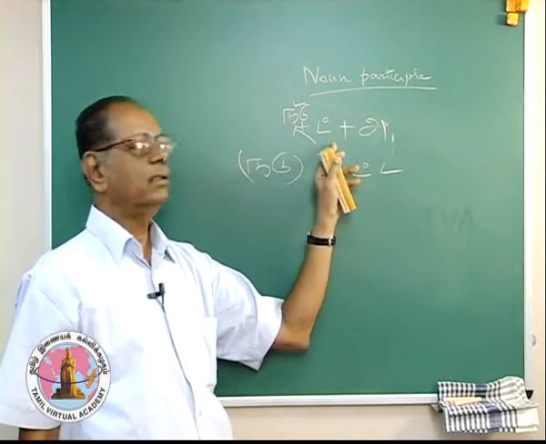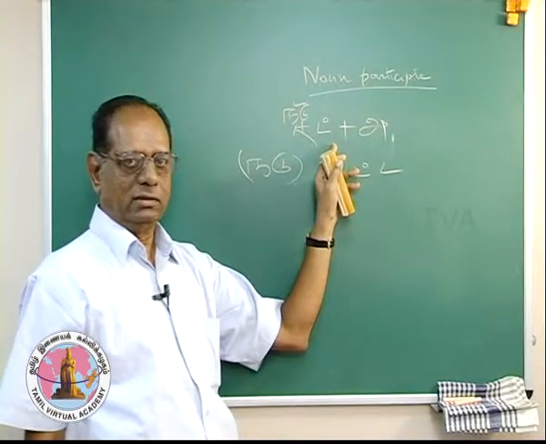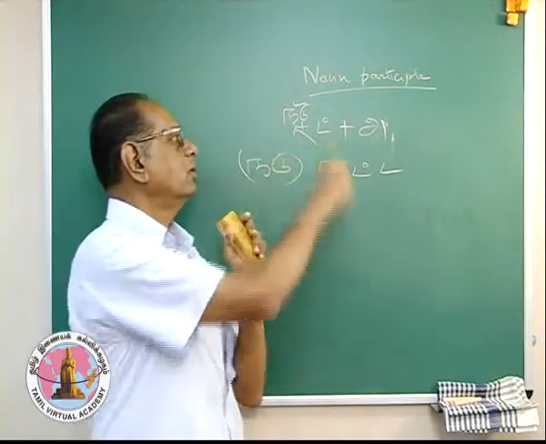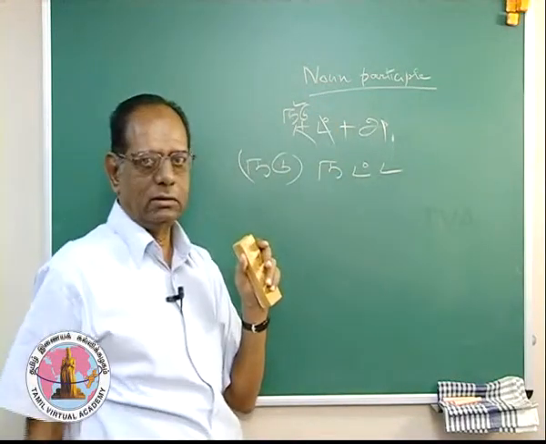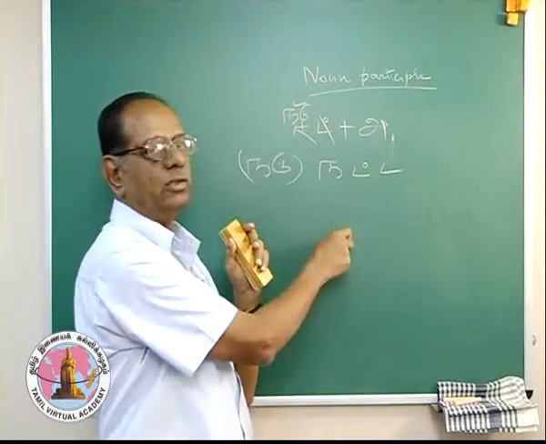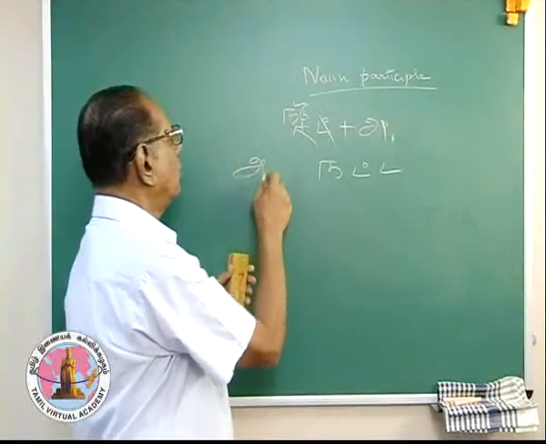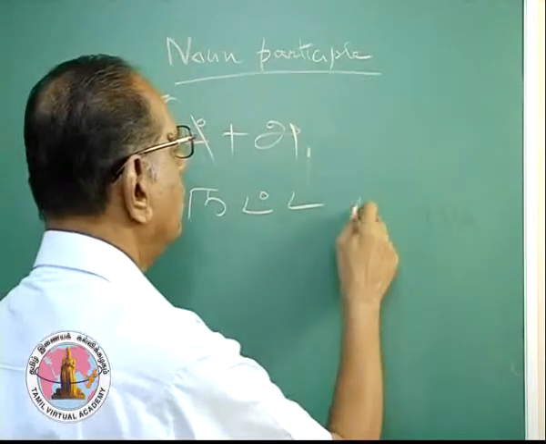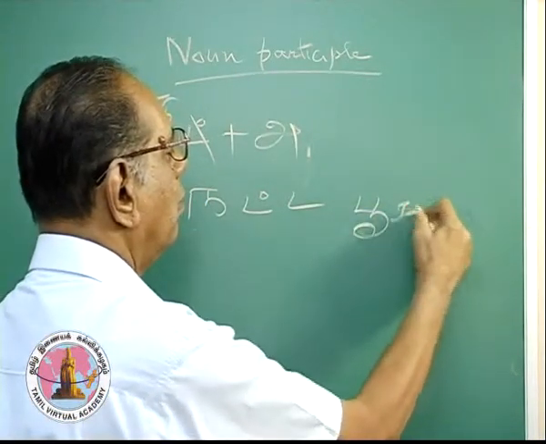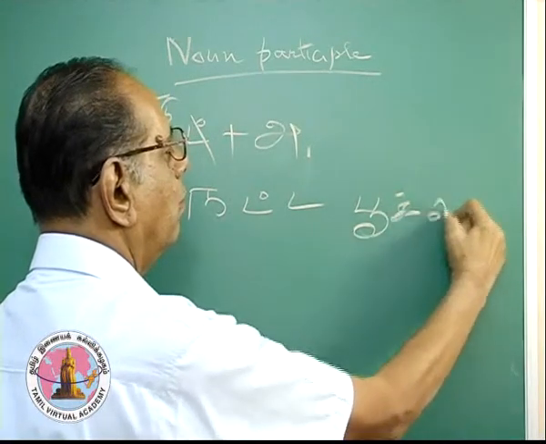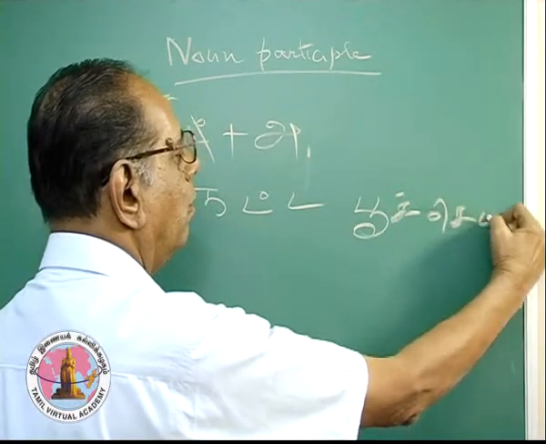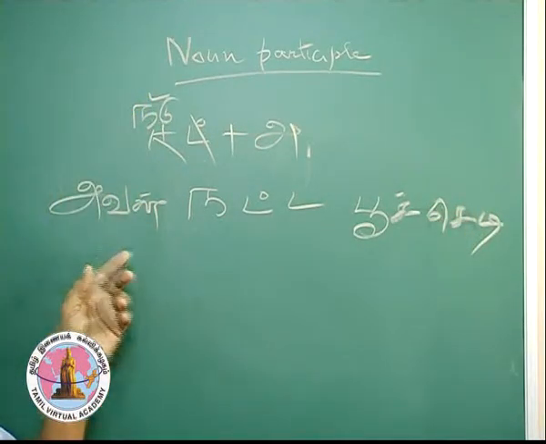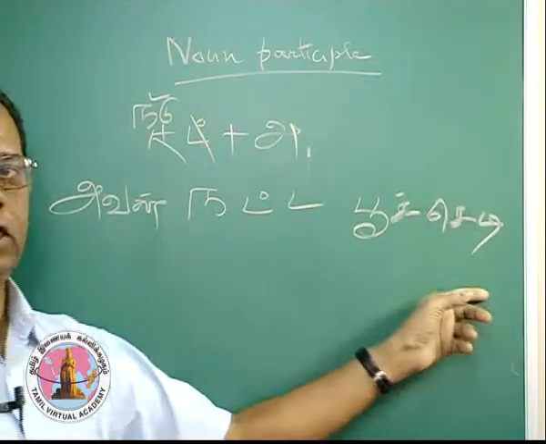In the past tense, this gets doubled before accepting it, and then it becomes natta. அவள் நட்ட பூச்செடி.